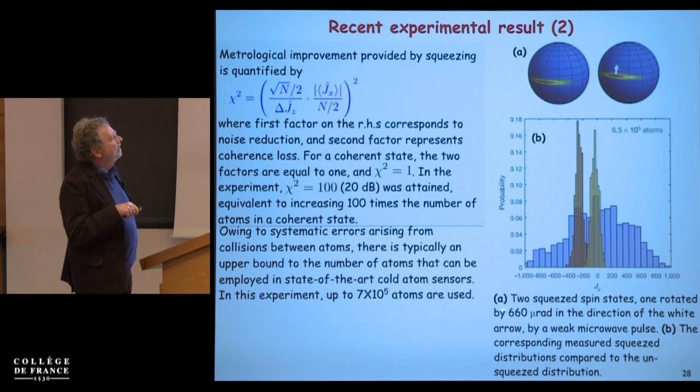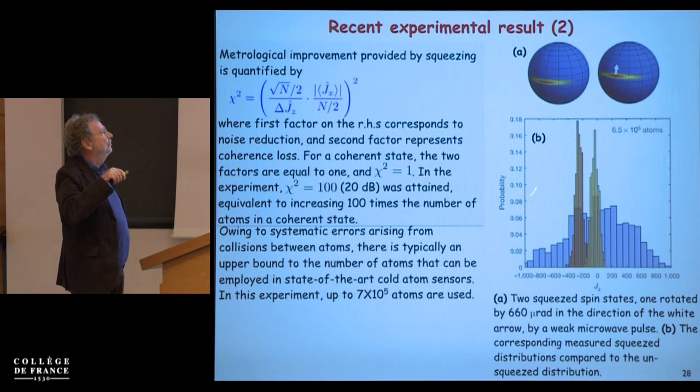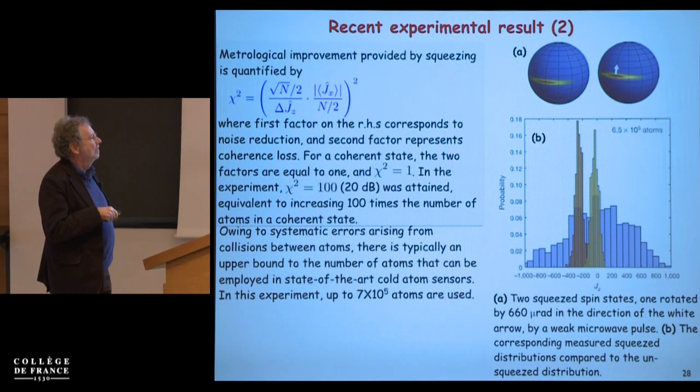It's an angle of 660 microradians, and the corresponding distributions of values for Jz are given here, and compared to an unsqueezed distribution in the background.